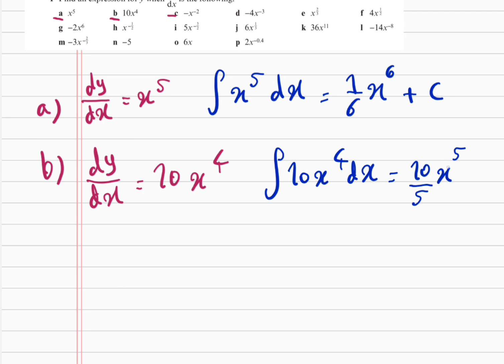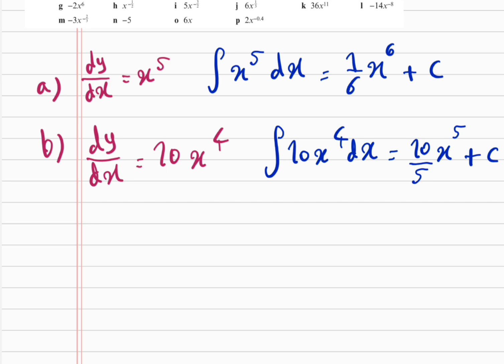So that's divided by 5, and as always, write down the constant, which is c. This can be simplified to 2x to the power of 5 plus c, and you can just double check this, in case you're not sure, by differentiating this. 2x to the power of 5 differentiates to 10x to the power of 4, and then this c just differentiates to 0 because it's just a constant, and you get this.